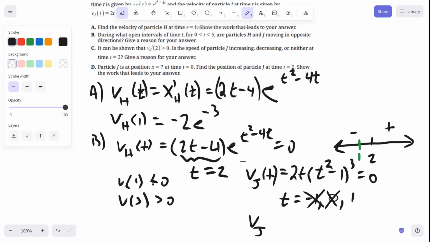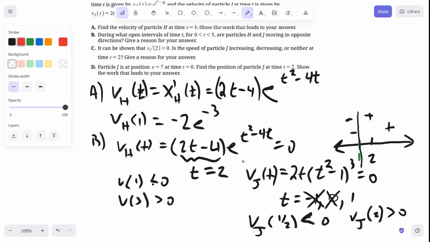So v of j at a time before 1, let's say like 1/2, is going to be less than 0. That means the object is moving to the left. And then a value greater than 1, so like let's pick 2. V of j, when you plug 2 in, you're going to get a positive value.